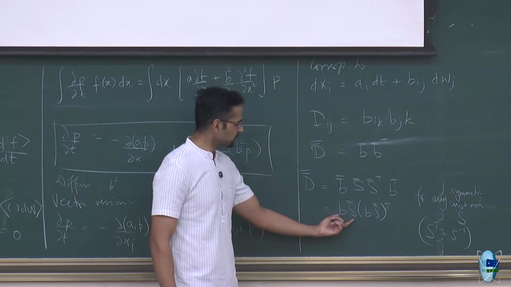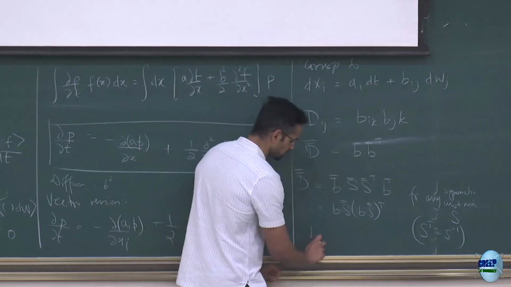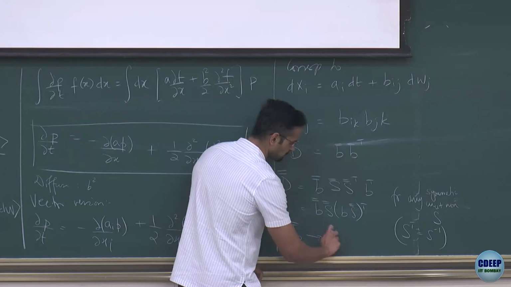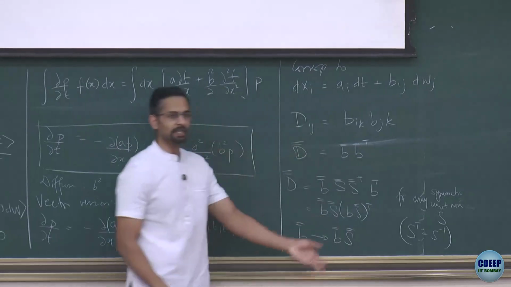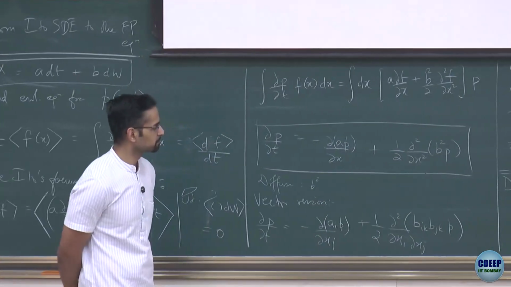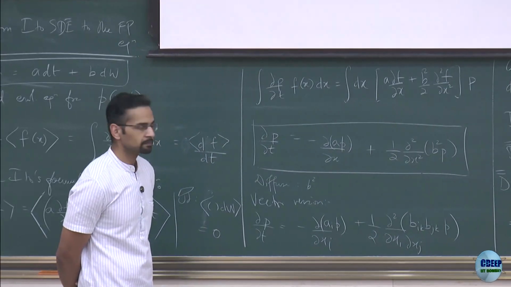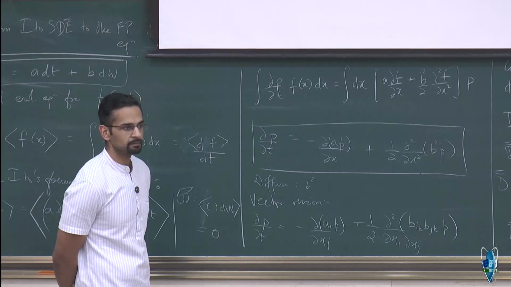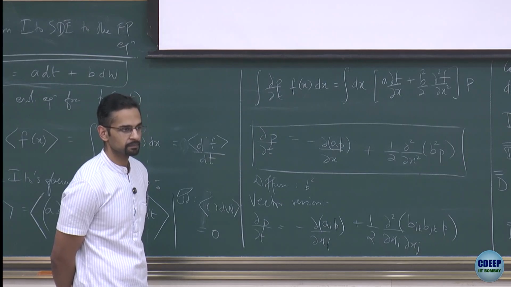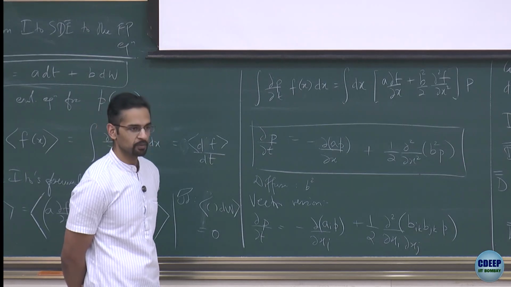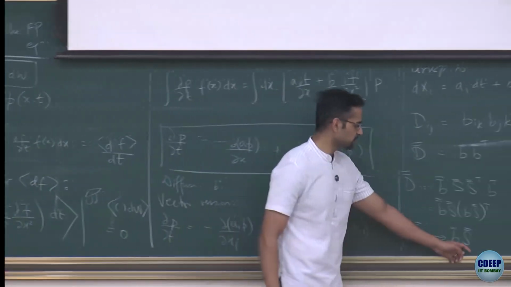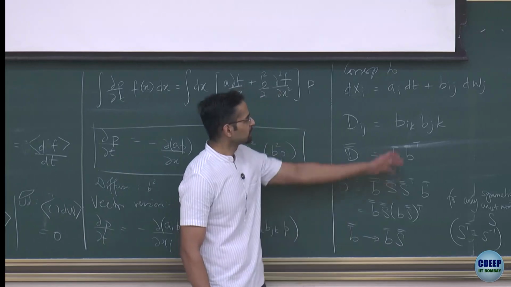Right? So that means instead of having a vector B, right, I can replace B by the matrix B times some rotation. And I'll get exactly the same diffusion coefficient. So what does it mean to multiply B with some rotation matrix? Remember where B is, right?